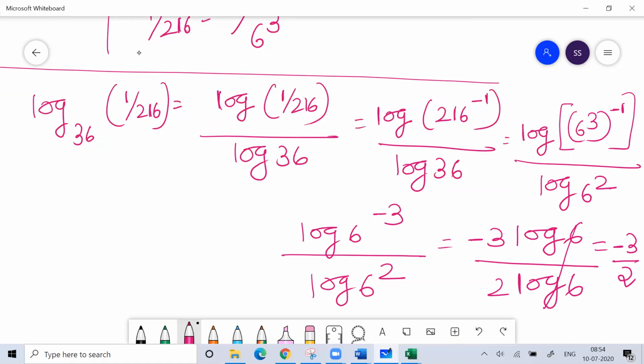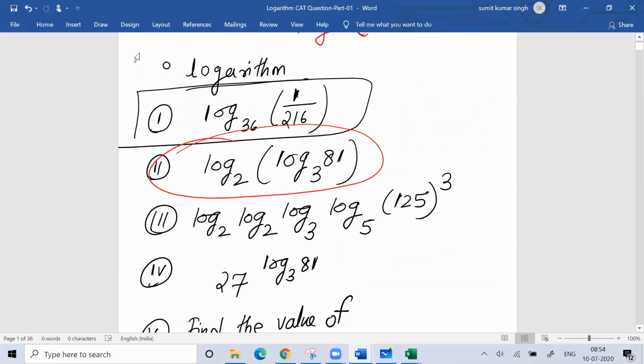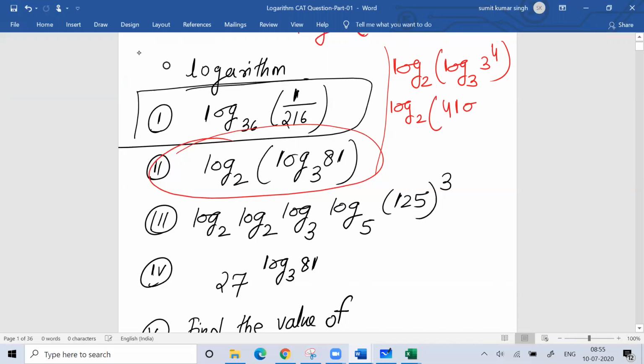Number two. Now if you see this question number 2, this is log base 2, this is log base 3. Now 81 I can write as 3 to the power 4. So this is log base 2 and this is 4 log base 3 of 3.